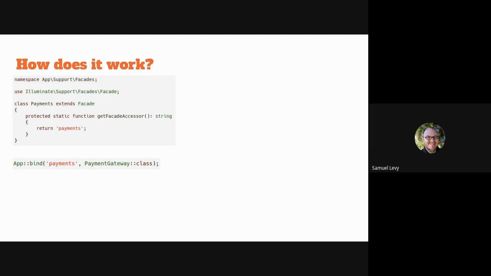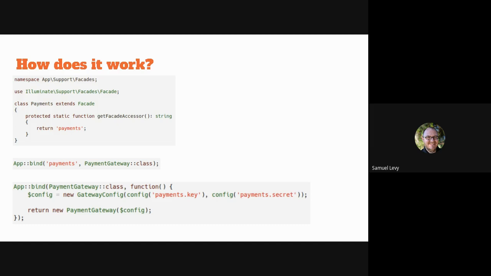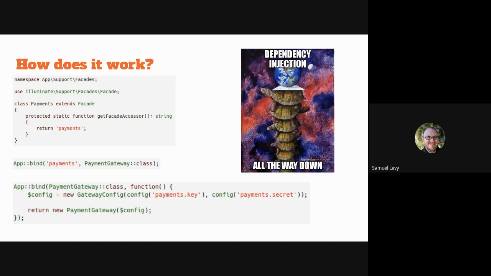It does because it's convenient, but it's just strings. So you can say, hey, when anyone asks for a string of payments, give me a payment gateway. And then it goes, hey, what's a payment gateway? I know how to make one of those, and then it uses it. It's dependency injection all the way down. So this is the reason why I don't quite get why people are frustrated with facades. Because it's not really magic. At least it's not the magic they seem to think it is.